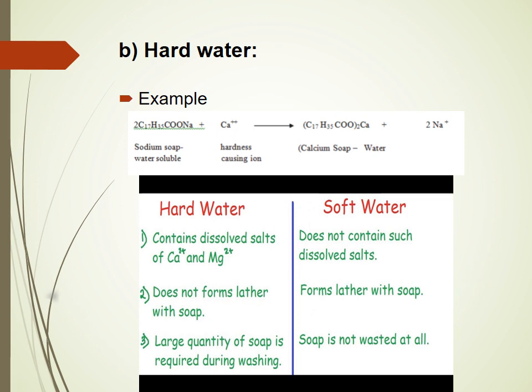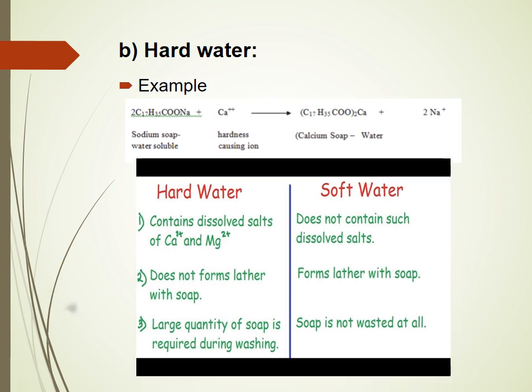Oppositely, when the water contains impurities in the form of salts or ions like calcium or magnesium ions, and when we mix such water with soap, it does not form lather, while it produces a white precipitate or scum, and such kind of water is hard water.